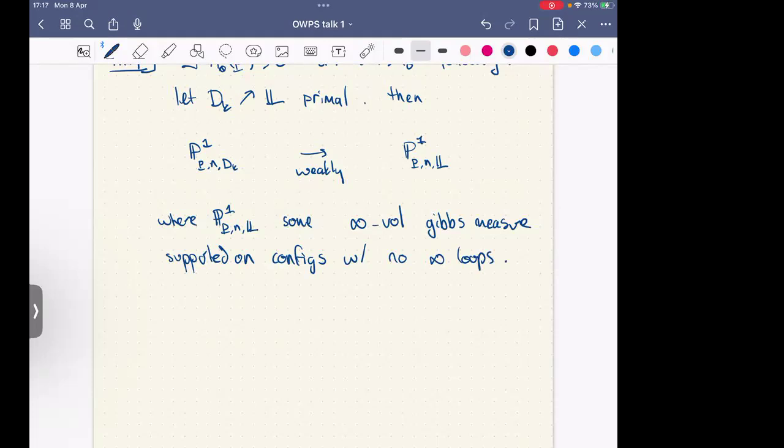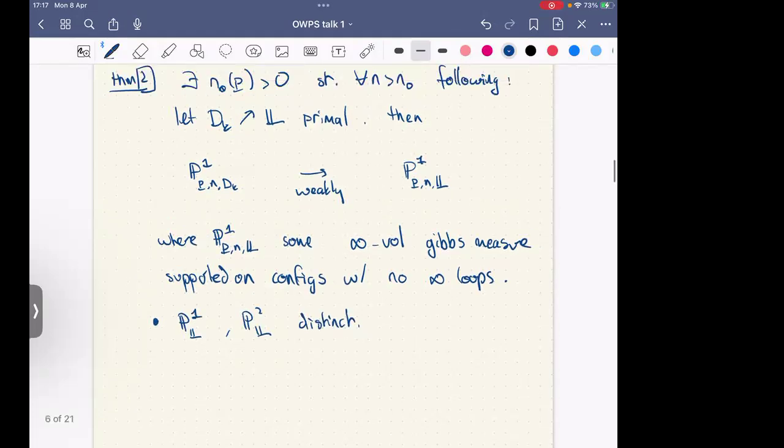Okay, and further, we have that P1 on all of L and P2 on all of L are distinct. Okay, so this is really nice, and it's a bit stronger than what we had before, not only in the sense that the parameter range is larger, but also that we actually have convergence to an infinite volume measure. Okay, nice.